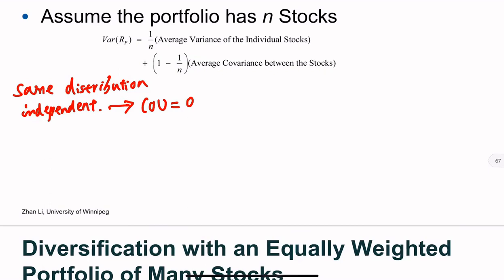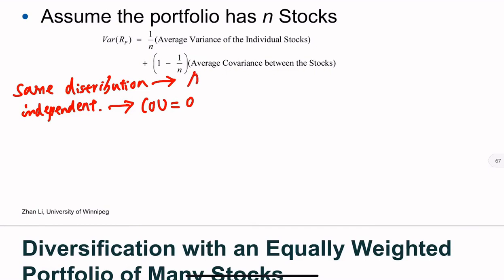Now, we also have the other assumption, that is, all returns have the same distribution. So if all returns have the same distribution, then all returns will have the same variance. That is, all stocks will have the same variance because they have the same distribution. So if they have the same variance, then the average variance will be equal to an individual stock's variance.